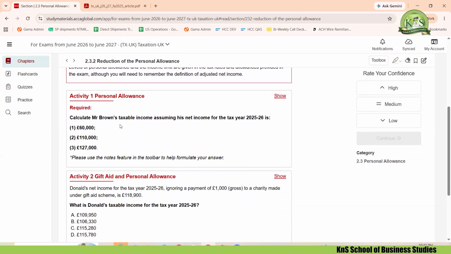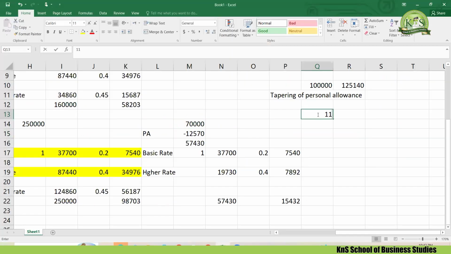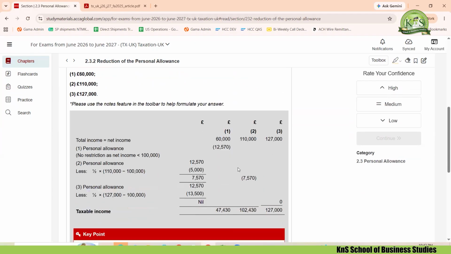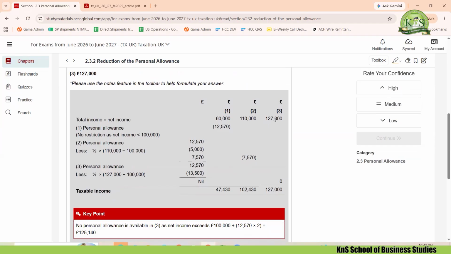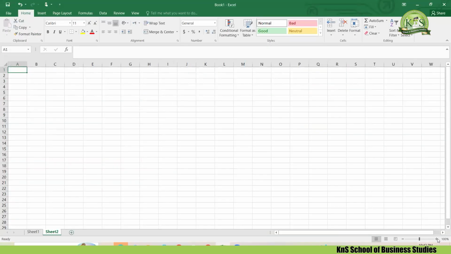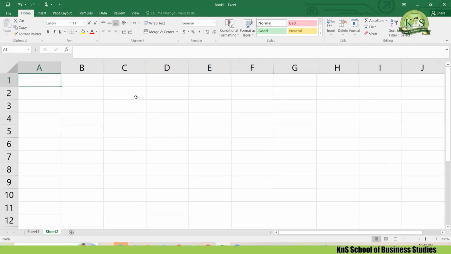The figure 60,000 we have already done. Let's do this for 110,000. You can also copy the similar efforts.